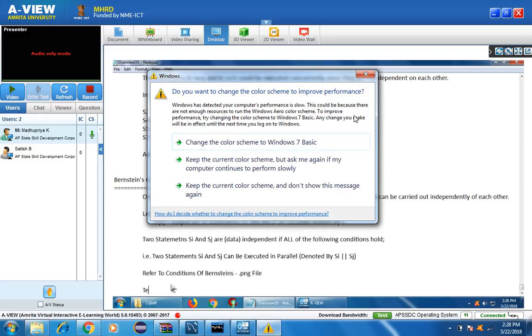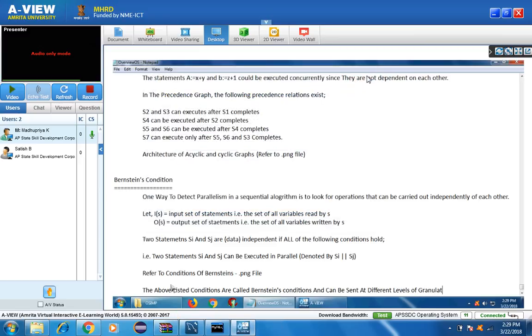And now, what do all these things refer to? That's what I said. The above listed conditions are called Bernstein's conditions and can be applied at different levels of granularity.